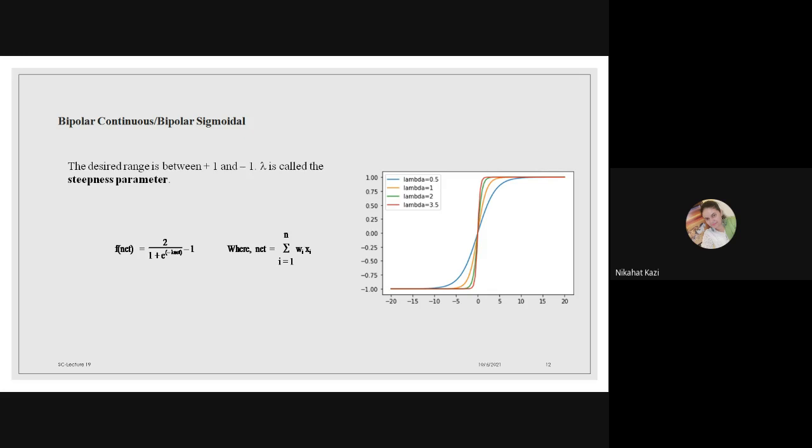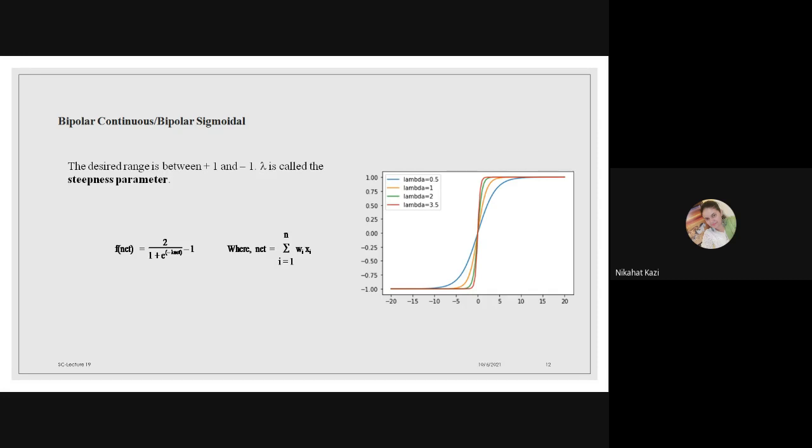It gives you a value between -1 and 1. You can find that easily by substituting the extreme values of net. If net is minus infinity, what will be the value of this function? e raised to minus of minus infinity is e raised to infinity.